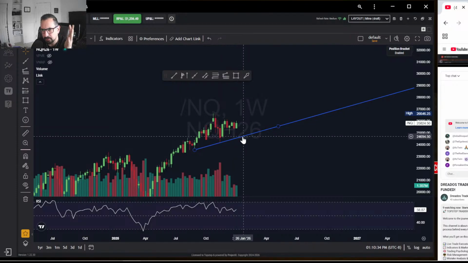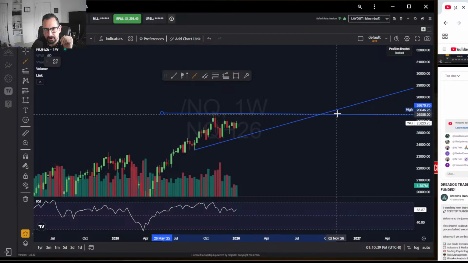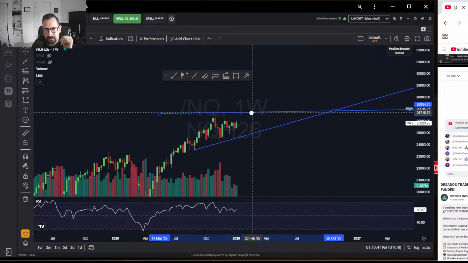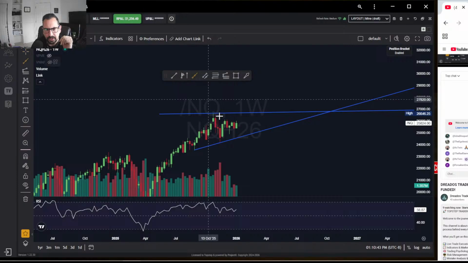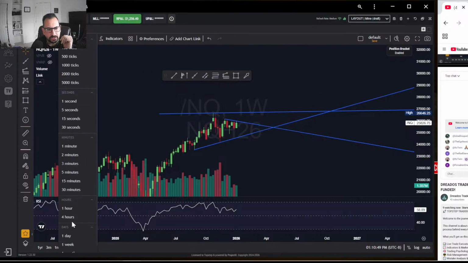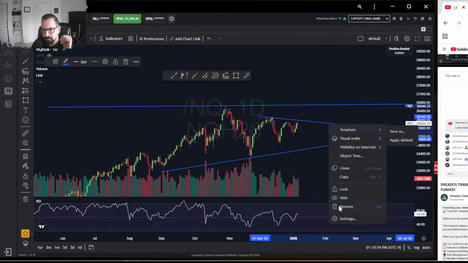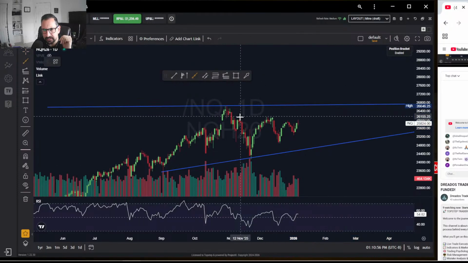Are we going to come back to it? We're not sure, but we're just drawing some areas. We have this top here, which is our all-time high. And then we have this area right here, which looks like a decent trend. And then now let's go to the daily, where we can start redrawing these things a little bit better.